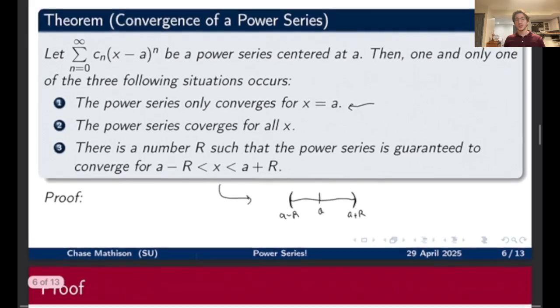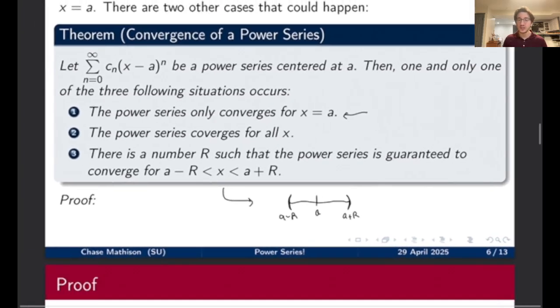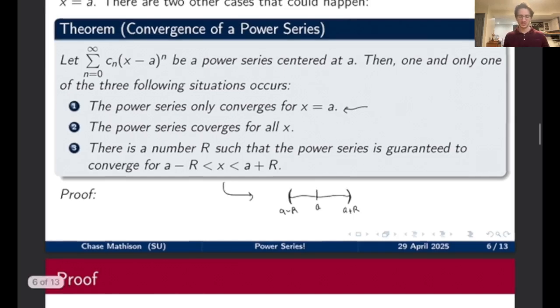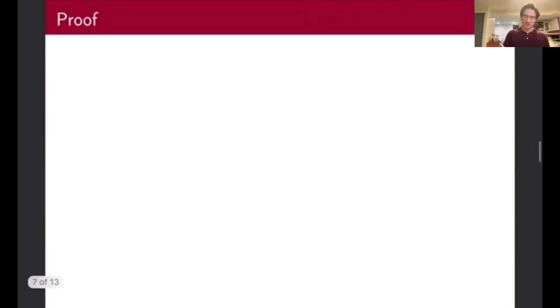All right, let's look at the proof of this. The proof just literally follows from looking at what the ratio test tells us. The ratio test will be your best friend in the world when you're trying to figure out what's happening with power series. So the ratio test tells me to look at the limit as n approaches infinity of the absolute value of the n plus first term, a_{n+1}, over a_n, the nth term.